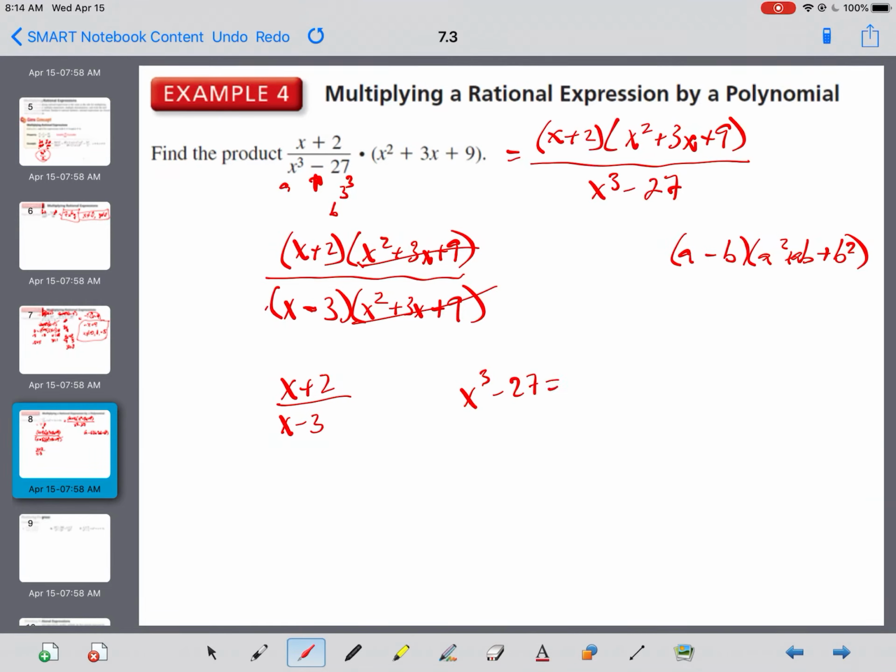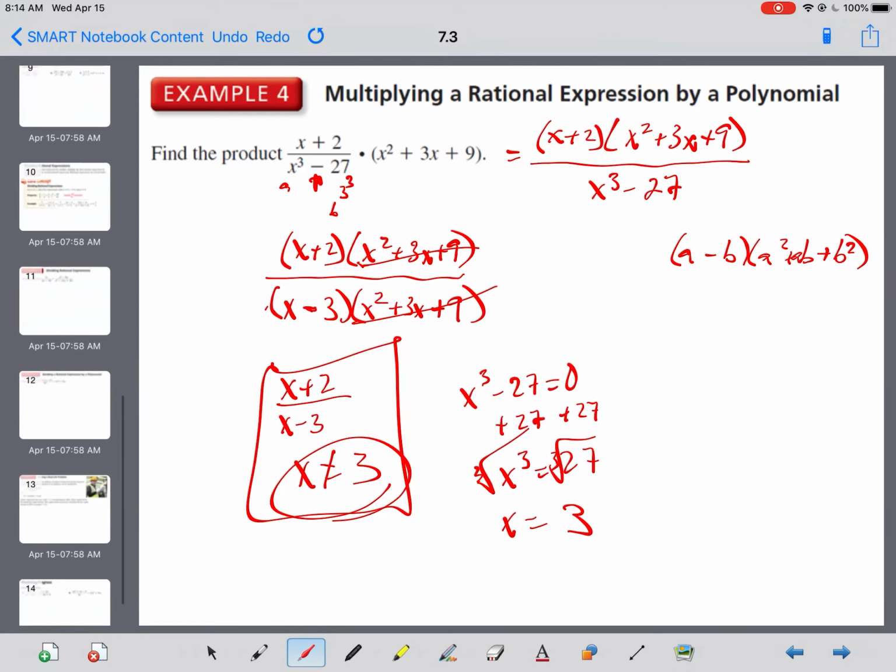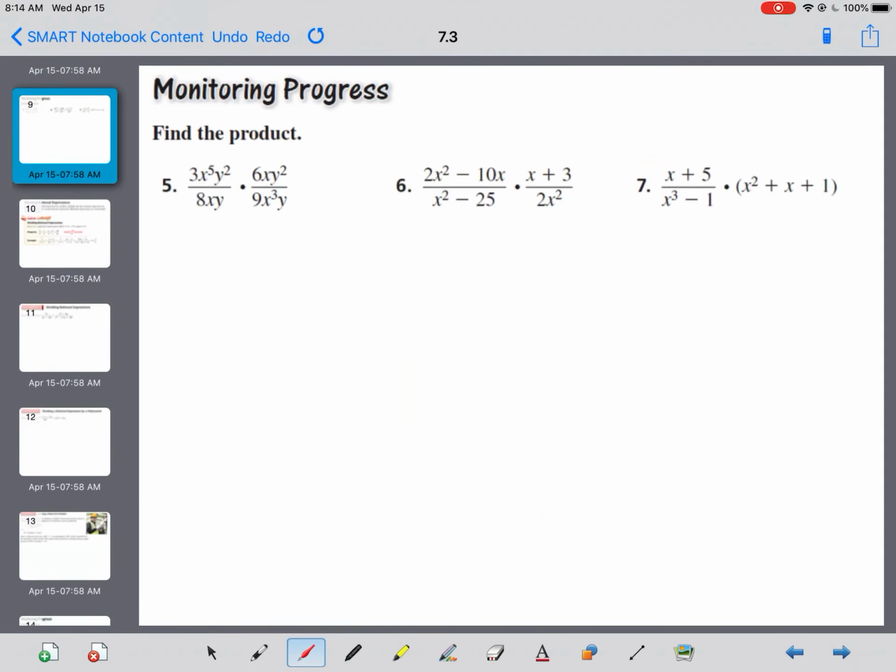We got to do the x to the third minus 27 one. So x to the third minus 27 equals 0. Add 27. X to the third equals 27. Cube root x equals 3. So x can't be 3. Okay? So there's our sweet little answer.